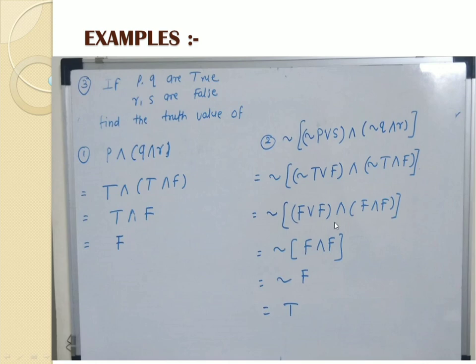So here F. Again F and F. Now here is conjunction, the symbol of conjunction, it is called AND. Now the condition of conjunction is if both the statements are true, then write true, otherwise false. So here the value is F. Again F and F, F and F is equal to F. Now here is the symbol of negation. So negation of F is equal to T.